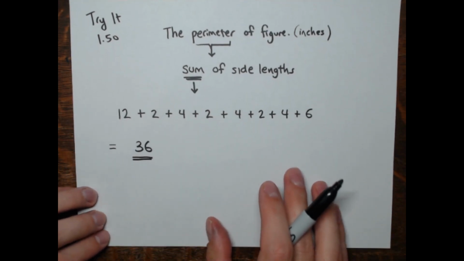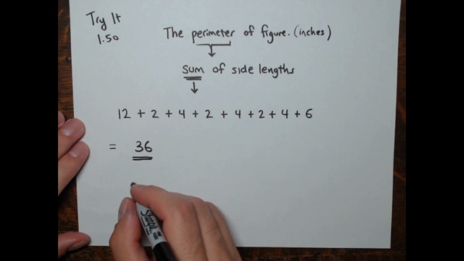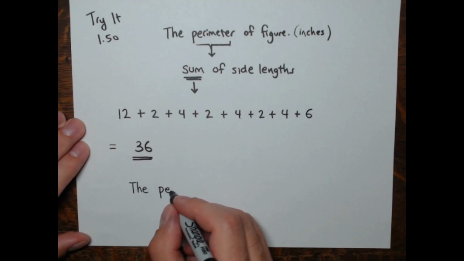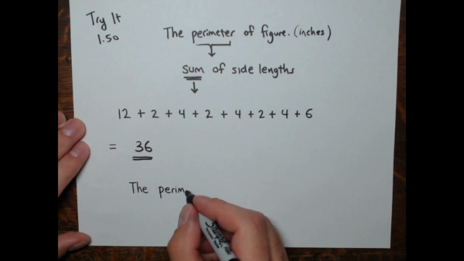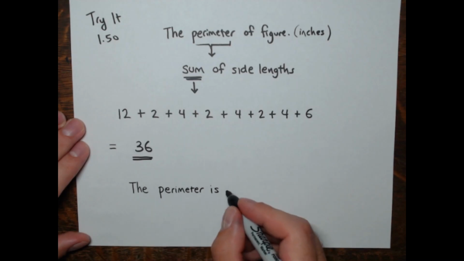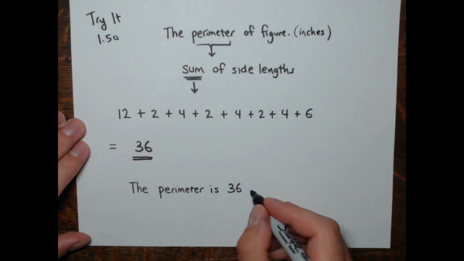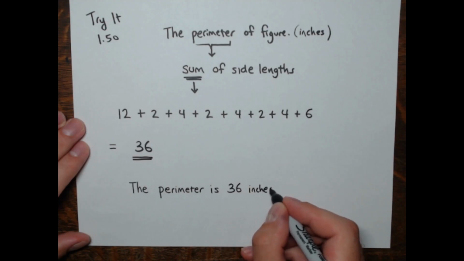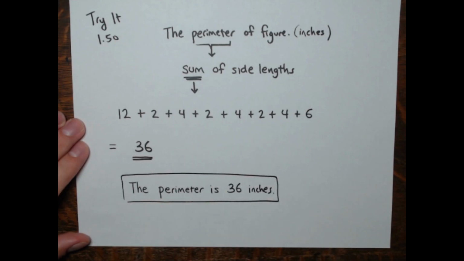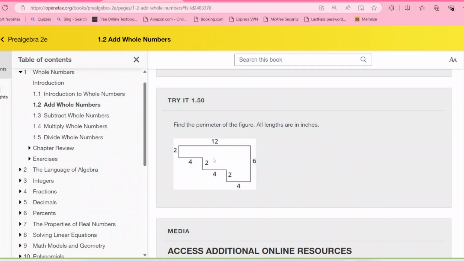All right, so 36 inches is the perimeter, and that's what I'll write for my final sentence to answer the question, say what they wanted. The perimeter of the figure is, or just the perimeter is, 36 inches. Box that in. That's my final response. And we'll check it out.